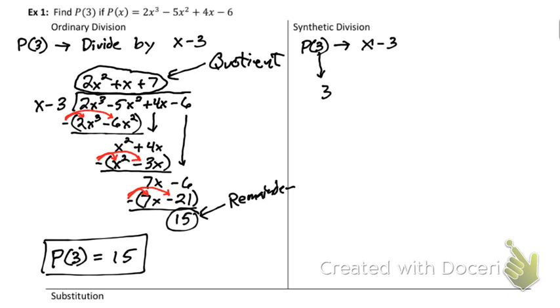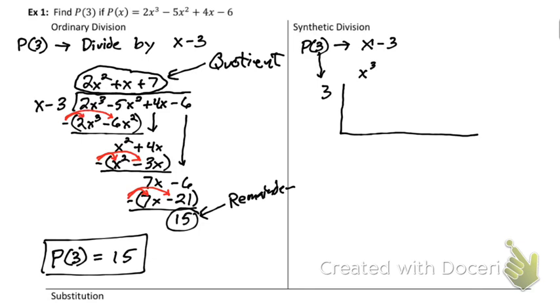With synthetic division, we're going to create this little blocky shape. In that blocky shape, we're just going to put numbers, no x's. It's just going to be our leading coefficients. I always put my x's above to make sure I put the right coefficients.